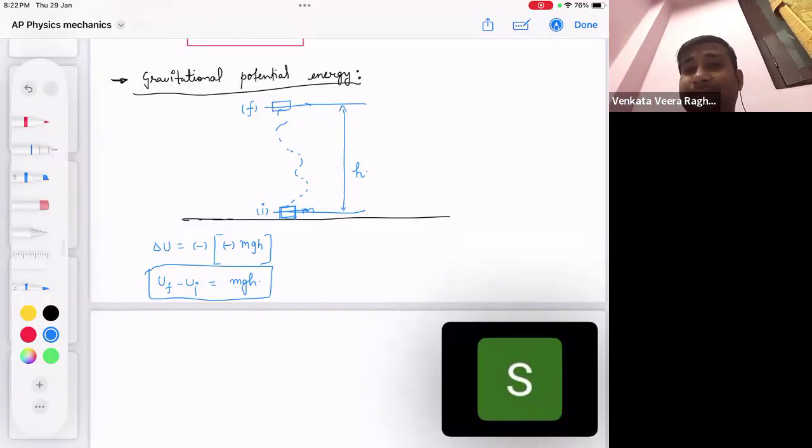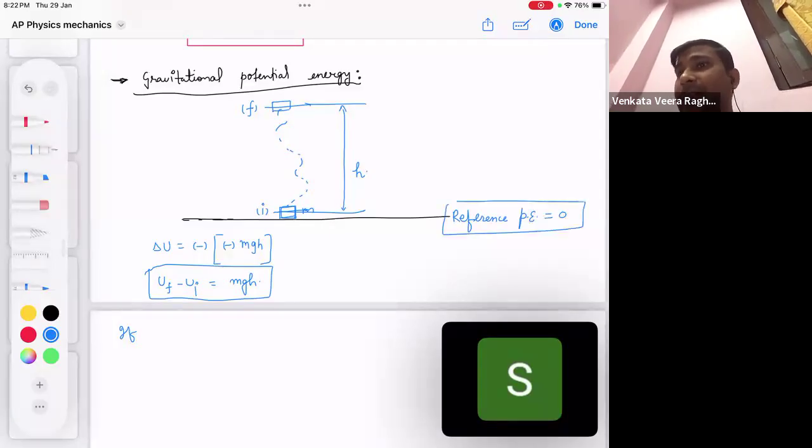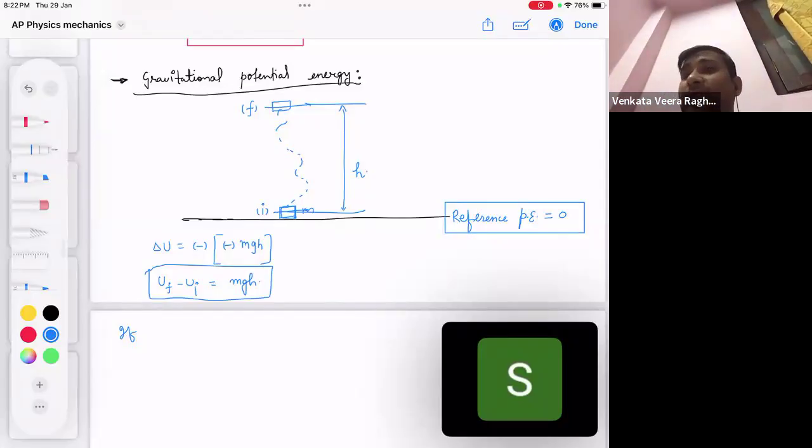Decreased by mgh. Now, here, I'm going to take a reference potential energy. Let's take reference potential energy as 0. Generally, when the object is on the ground, we take its potential energy to be 0.